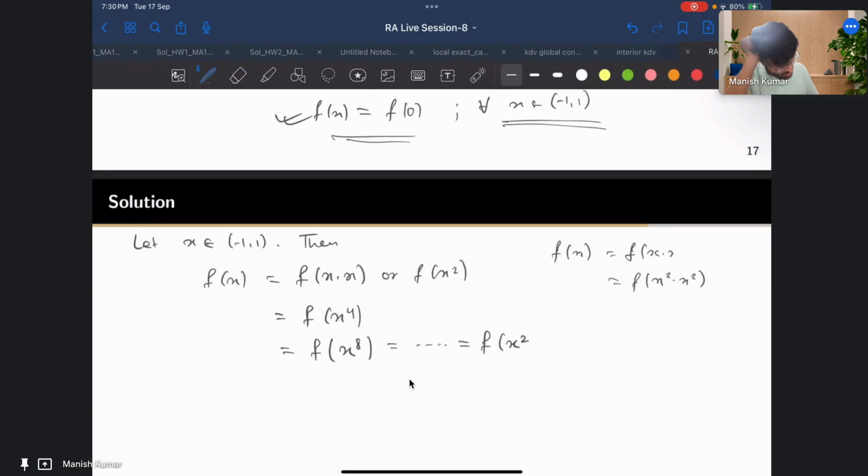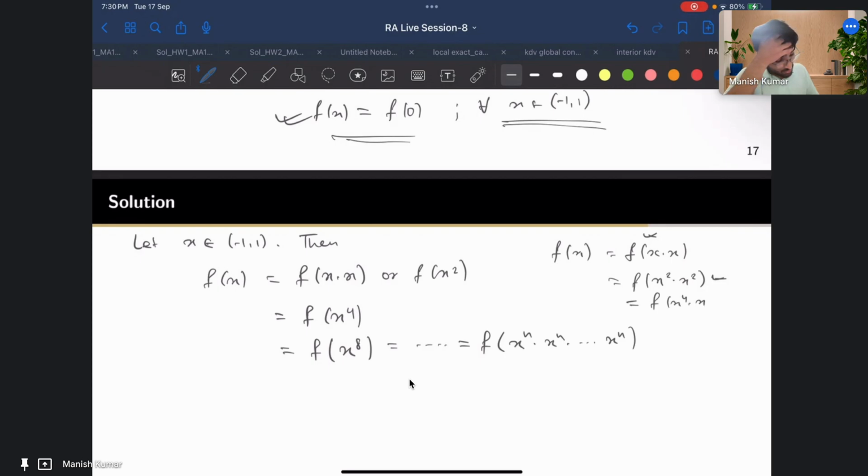So this is the first iterate, and this is the second iterate. The nth iterate can be written as f of x raised to the power n... no, I'm not writing it correctly.